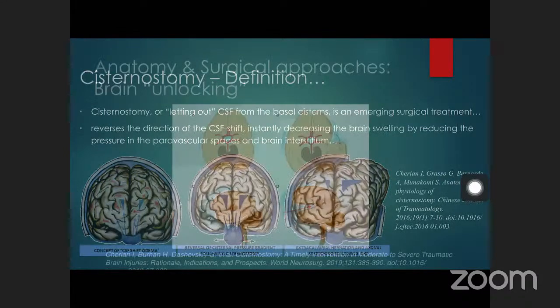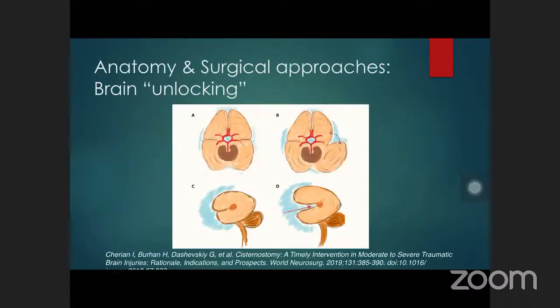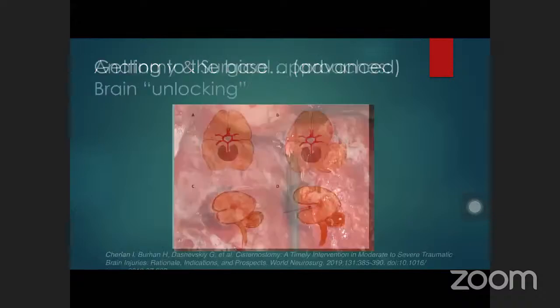So to get into the base of the brain, as Abdullah was talking about in the skull-base surgery, we need to unlock the brain in axial and sagittal planes to get into the base of the brain. Otherwise, if you try to get in from the top of the brain, this is disaster because the brain is very swollen.